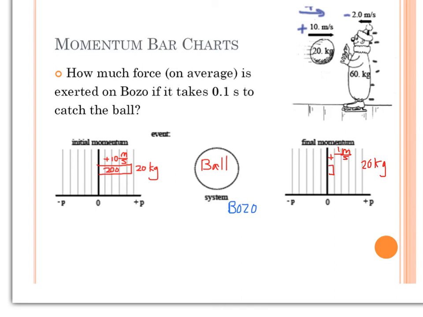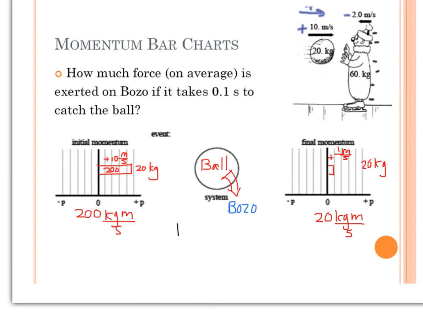So afterwards, the ball only has a momentum of 1 times 20, or 20 kilogram meters per second. So the ball started with a momentum of 200 kilogram meters per second and ended with a momentum of 20 kilogram meters per second.